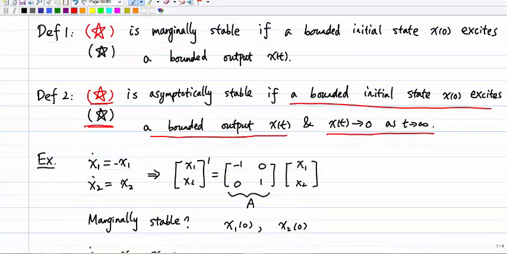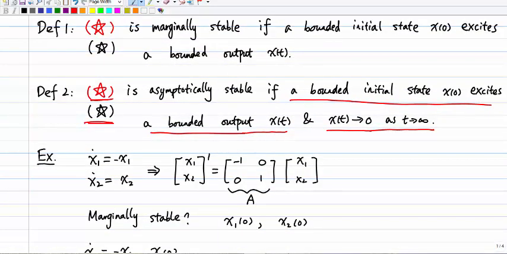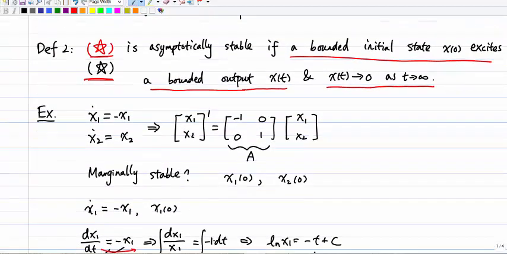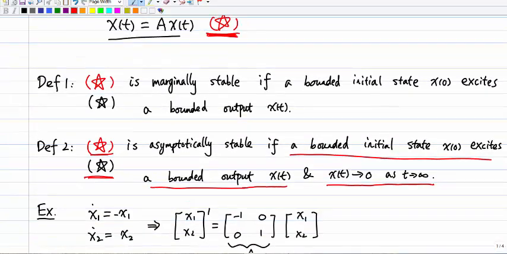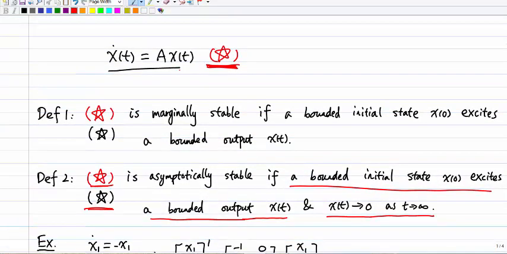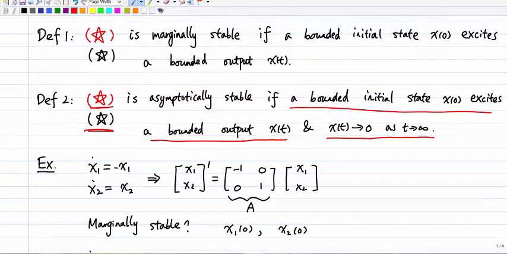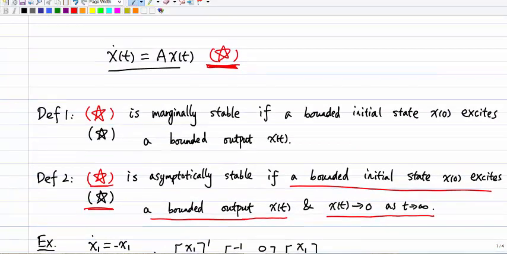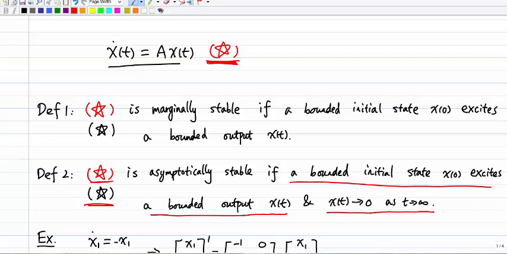Now take a look at an example of how we verify that a system is marginally stable and asymptotically stable. For example, if I give you a system which is given by x1 dot is negative x1 and x2 dot is positive x2, this can be written in the form written in the red star, which is x1 x2 dot is equal to the matrix negative 1 0 0 1 times x1 x2, which is the form given by the equation denoted by the red star.